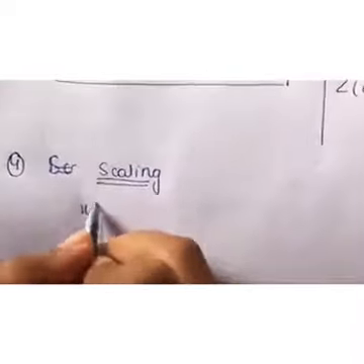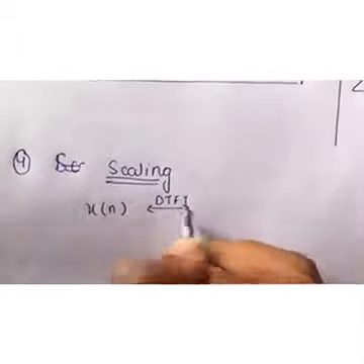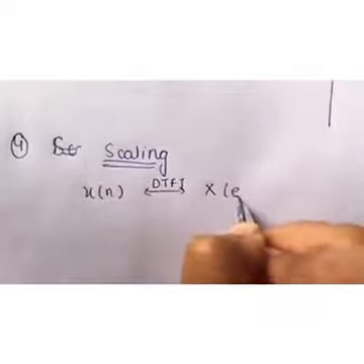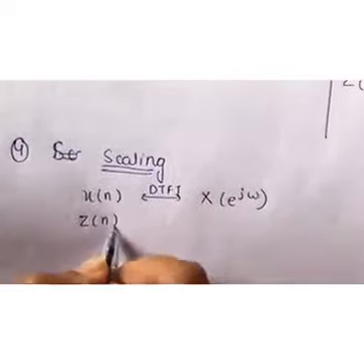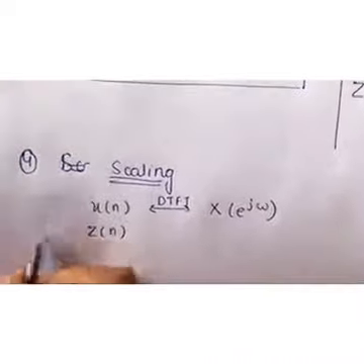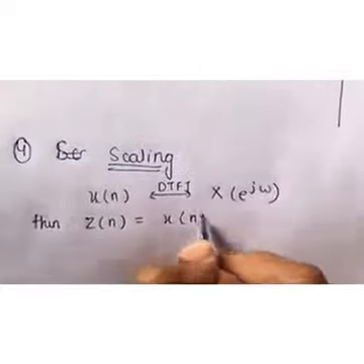So we know x of n forms a DTFT pair with X of e^{jω}, and z of n is equal to x of np.